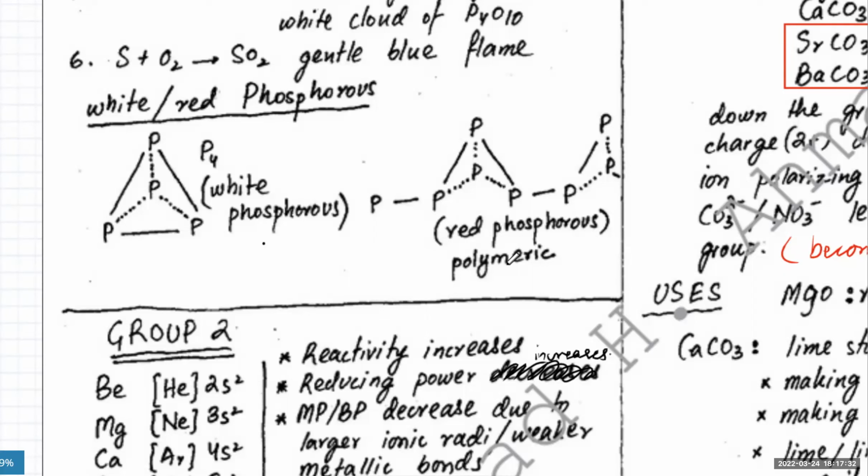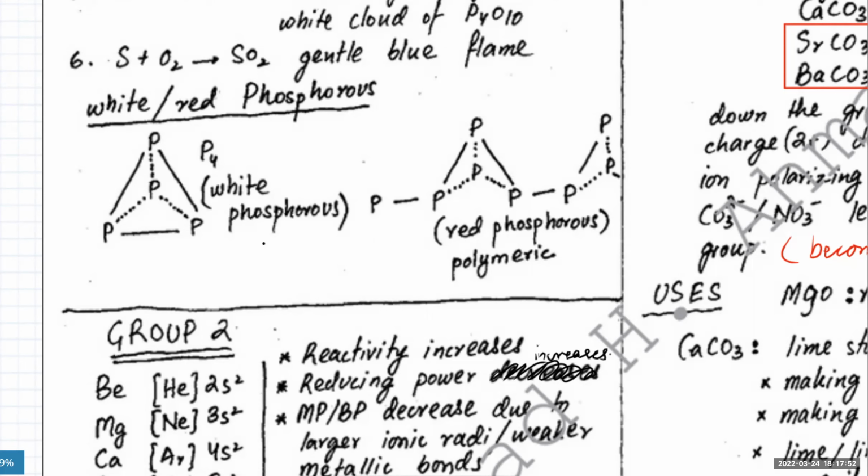But then there is a polymeric form. The structure ends up forming bonds with the neighboring phosphorus, and it forms a polymer-like structure. One bond between them breaks, and they start bonding with the other one next door. So that is a polymeric form of phosphorus.